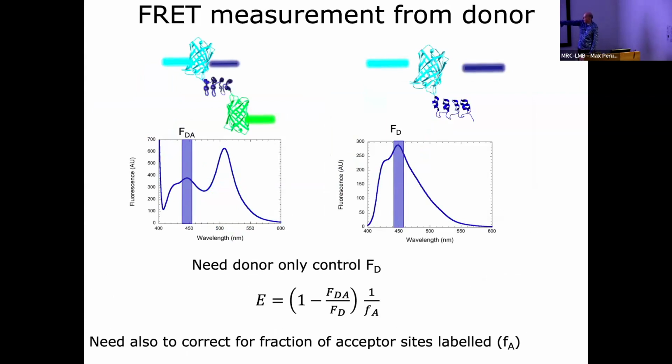So then the energy transfer is just this. It's 1 minus the fluorescence in the presence of the acceptor over the fluorescence in the absence of the acceptor, and then you need to factor in the amount of labeling you have if it's labeled.